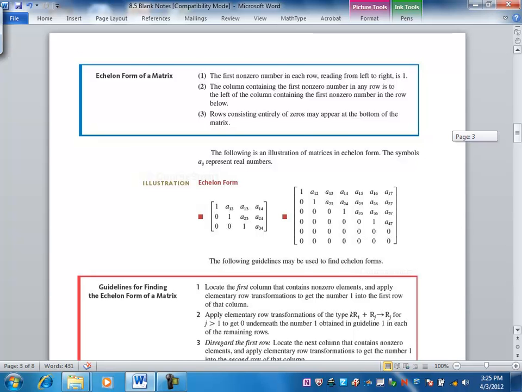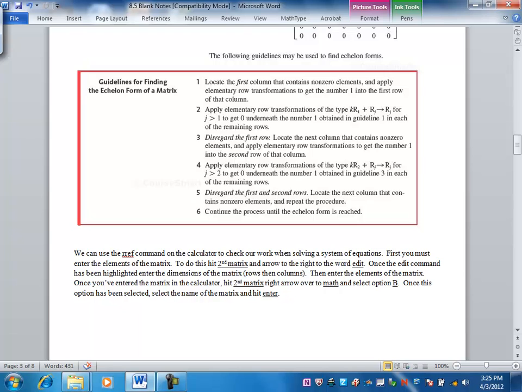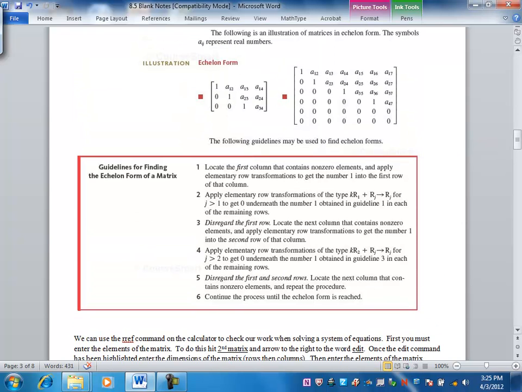And so we've got some guidelines here. It says locate the first column that contains non-zero elements and apply elementary row operations to get the number 1 into the first row of that column. And then we're going to work to get zeros underneath it. So in other words, we're going to make a 1 here and we're going to get zeros below it.